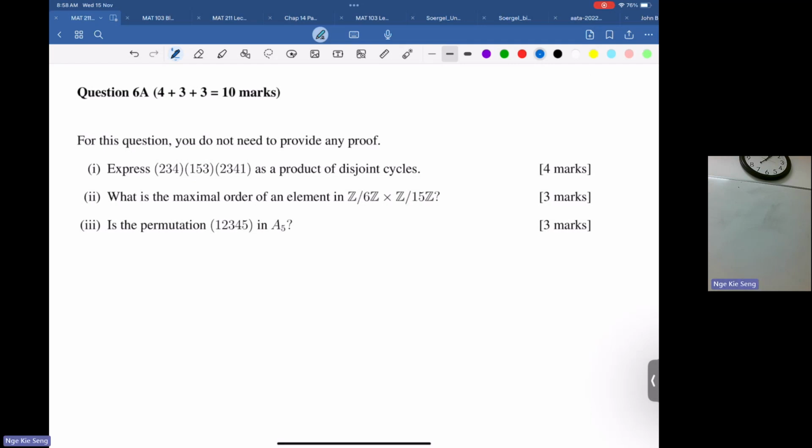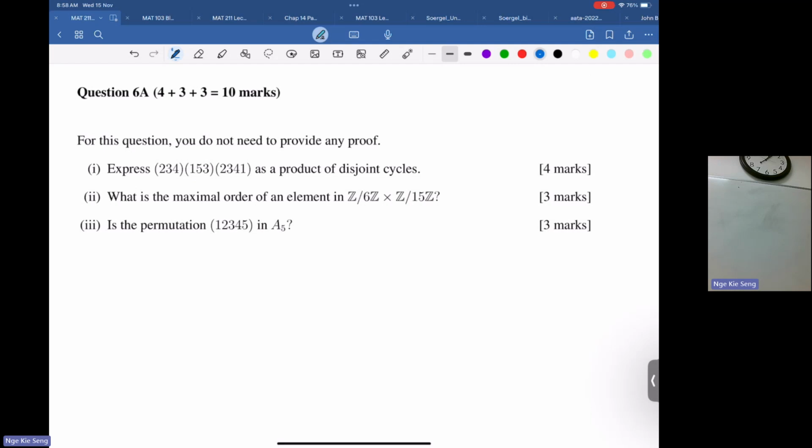What is the maximum order of an element in Z6 times Z15? So what's the element here? In the first spot, everything will go to identity when you hit 6 or a multiple of 6.